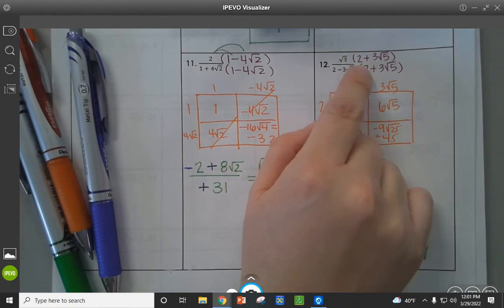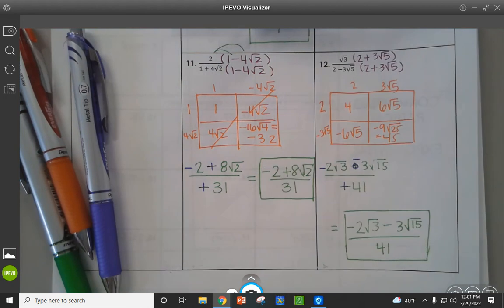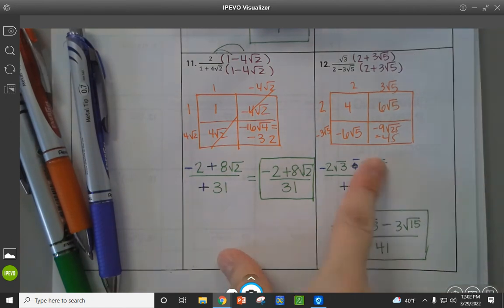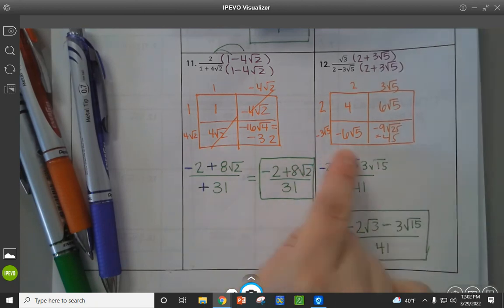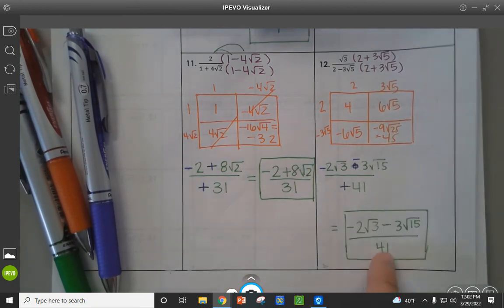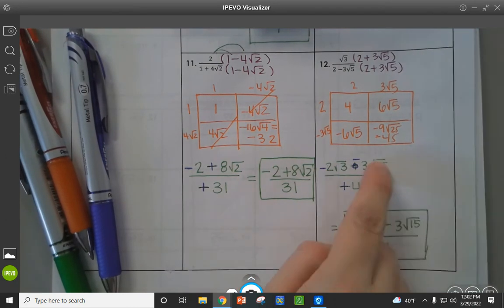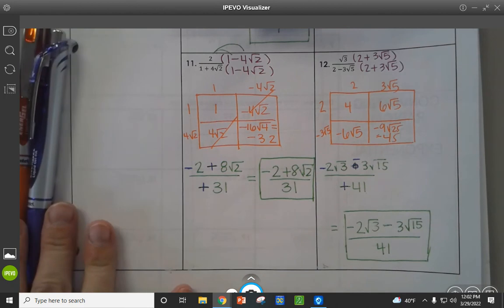In the numerator, when we multiply, we get 2 square root of 3 and 3 square root of 15. Remember, you can only multiply numbers under the radical by each other and only multiply numbers in front of the radical by each other. And then we have the negative 41 on bottom, but I need to change my signs because I want a positive number on the denominator. That would make that a negative, and a positive. Are there any questions?